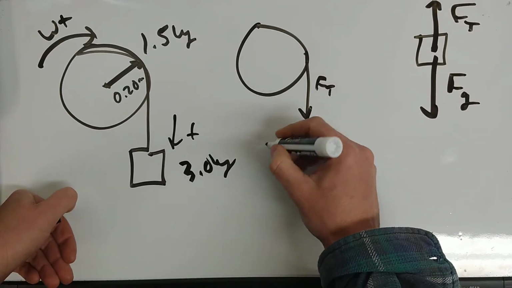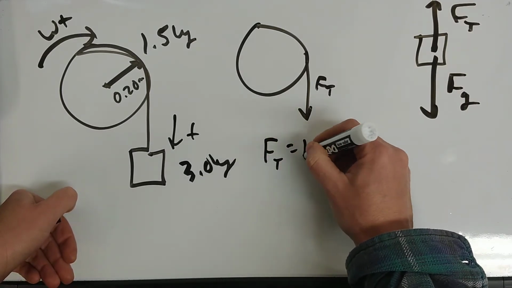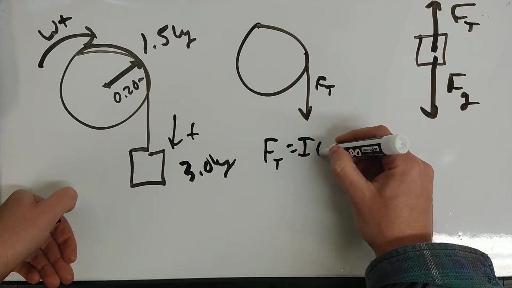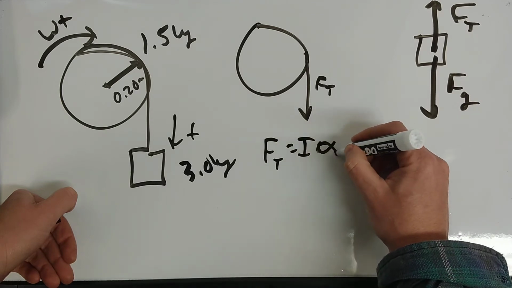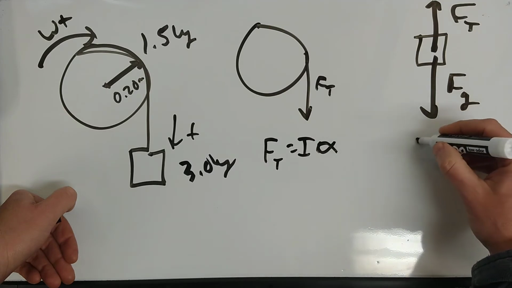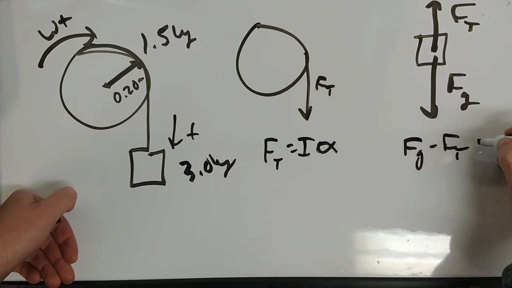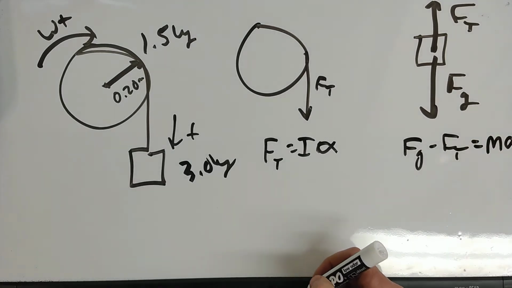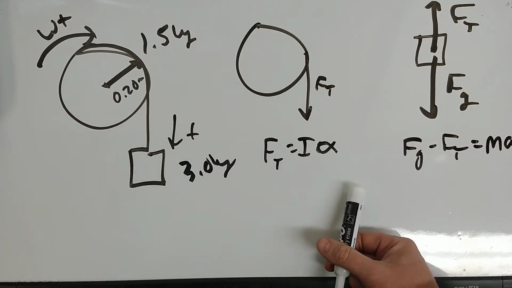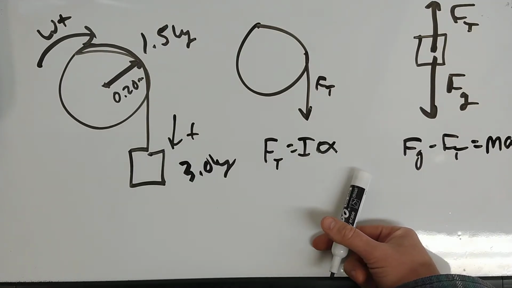All right, so over here, force of tension equals I alpha. And over here, Fg minus Ft equals Ma. So you know that this must be something less than 9.8. So you know that it can't be 9.8 meters per second squared.